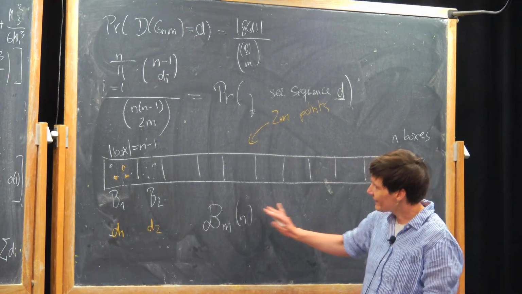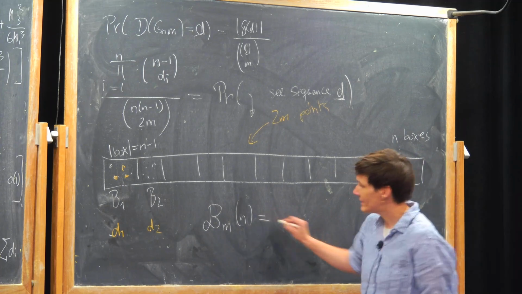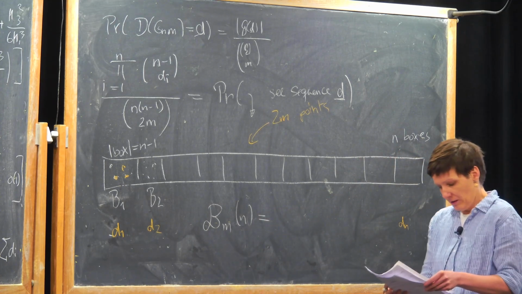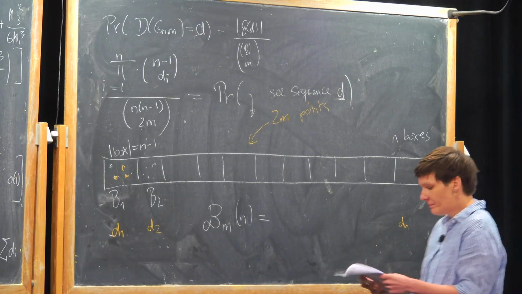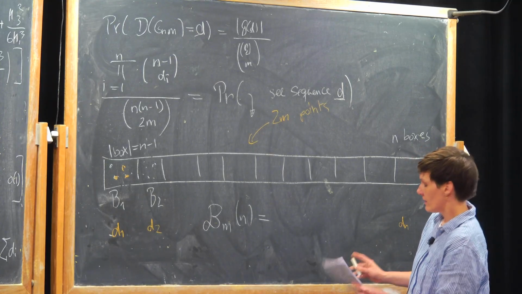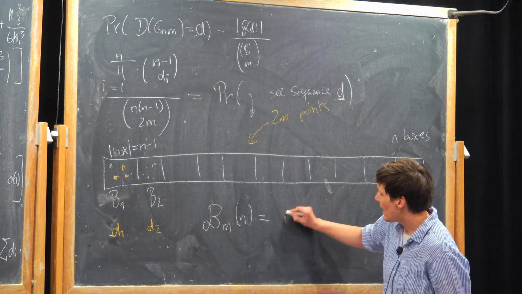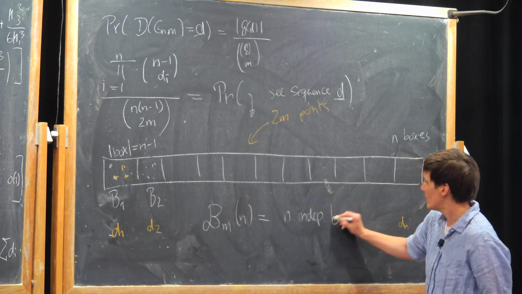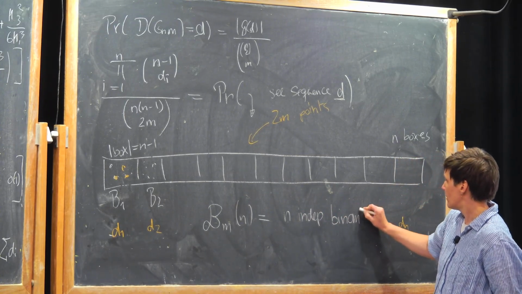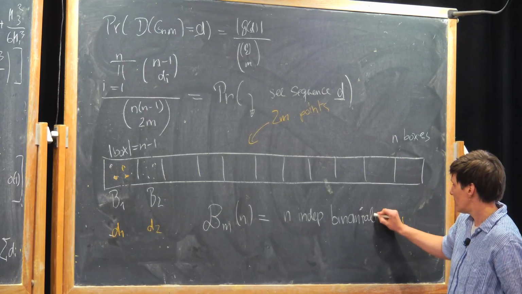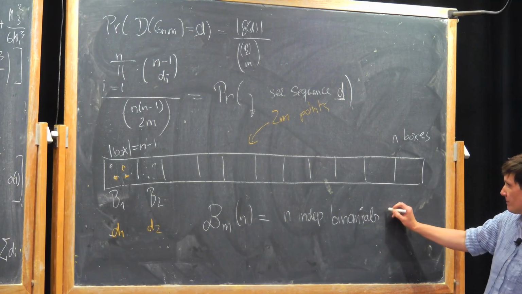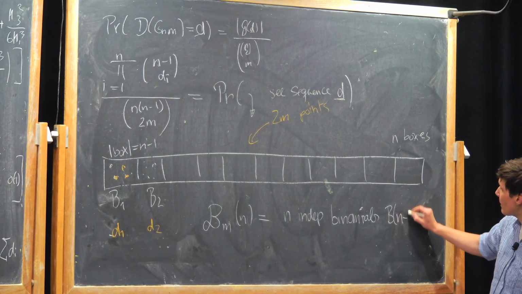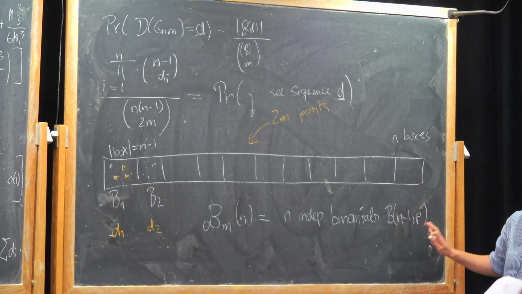And you can describe it equivalently as follows: you take n independent binomials with distribution (n minus 1, p), for some p.